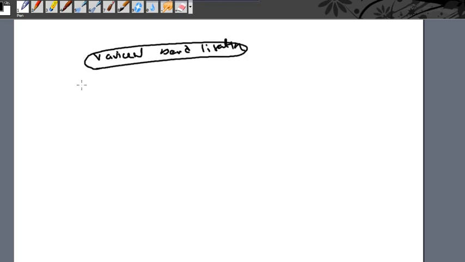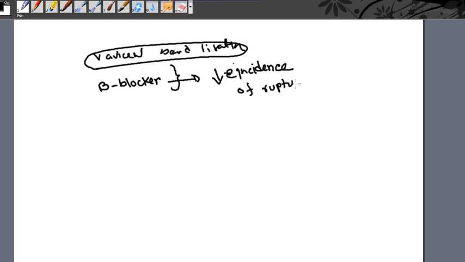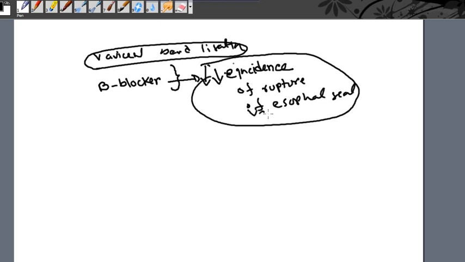But you also can give this patient a beta blocker like propranolol, and it is seen in clinical trials that beta blocker is highly effective in reducing the episodes of hematemesis, decreasing the incidence of rupture of esophageal varices. They prevent the rupture or decrease the risk of rupture of these esophageal varices.